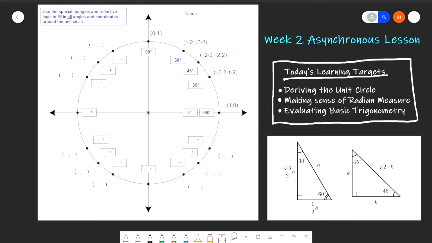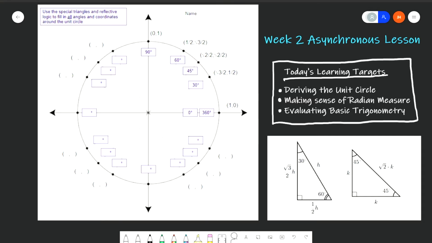Today, our learning targets are, first of all, we're going to derive the unit circle. This is something that I left y'all off with last class period, and I wanted to show y'all the final solution here. Once we've finished deriving the rest of these coordinates on our unit circle using the special triangles, we're going to discuss an idea called radian measurement.